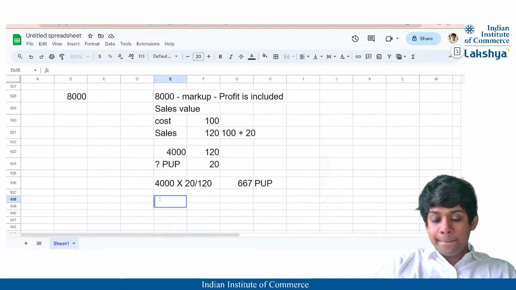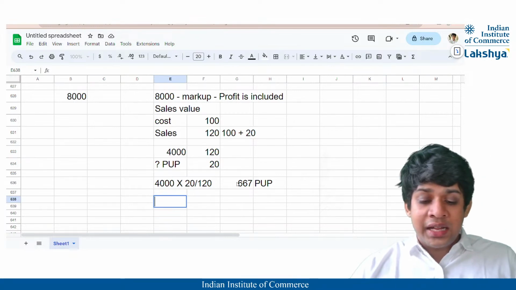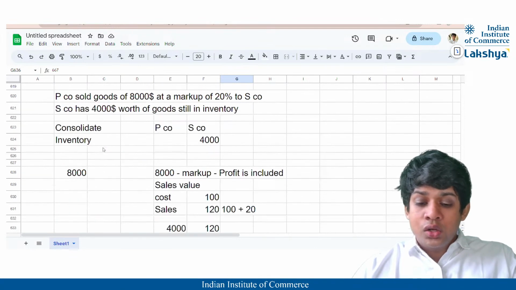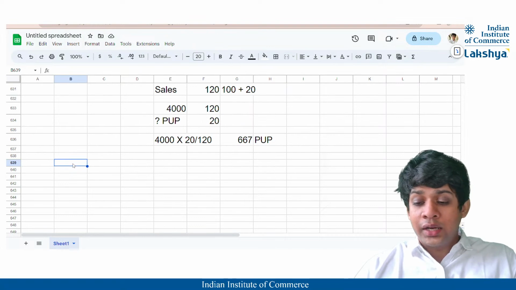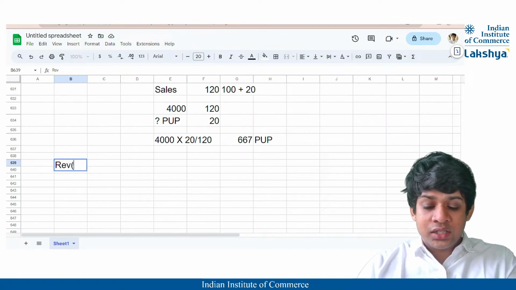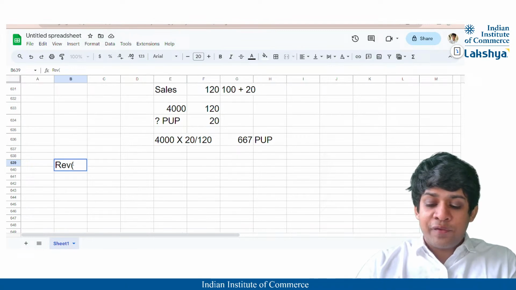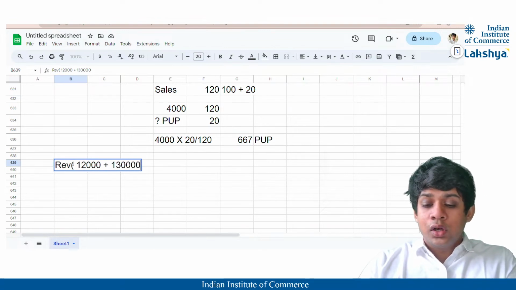So now what will we do? We will take this PER of 667. They have sold goods worth 8,000, correct? When we calculate the consolidated statement, revenue will be, say, for the parent 12,000 and for the subsidiary company 13,000.